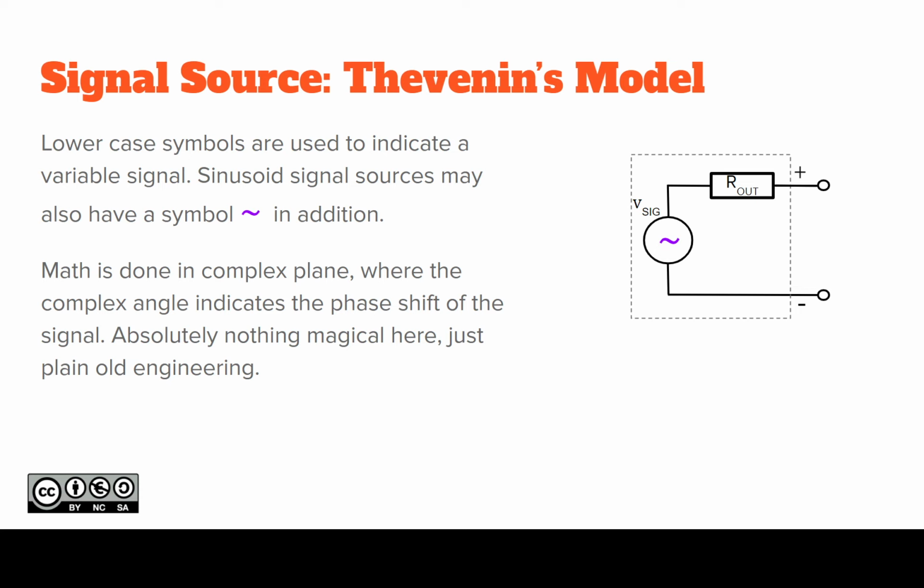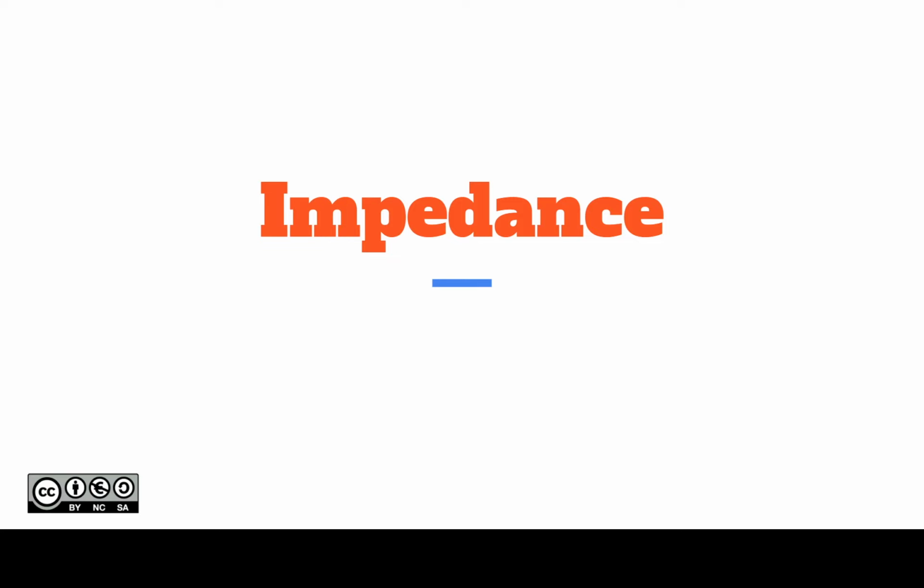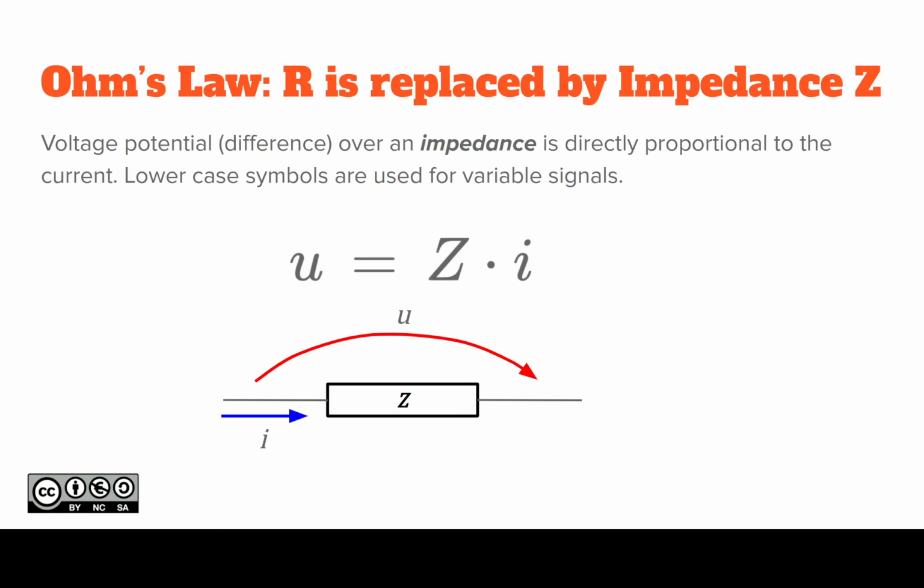Thevenin's model is the same, except that it has this alternating voltage source. Impedances. In Ohm's law, the voltage is proportional to the current times the impedance.